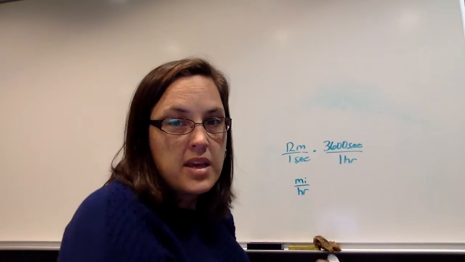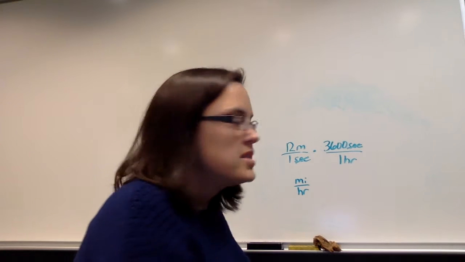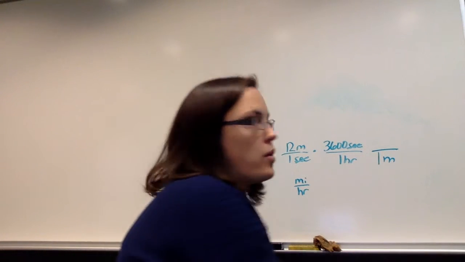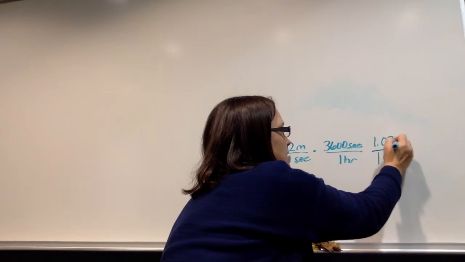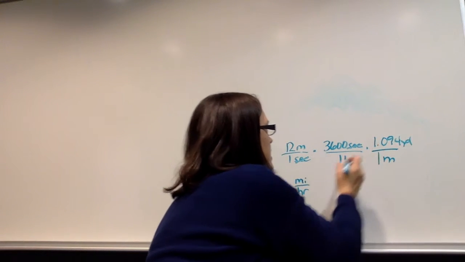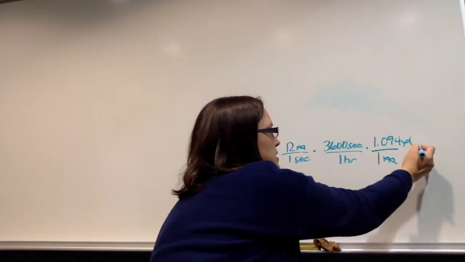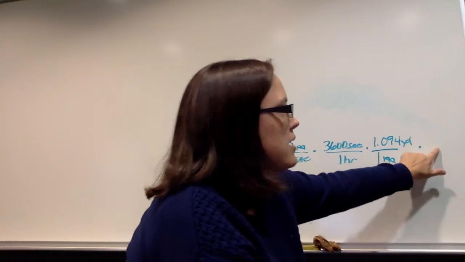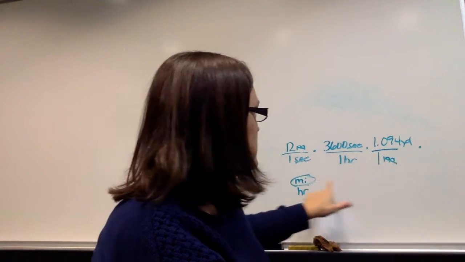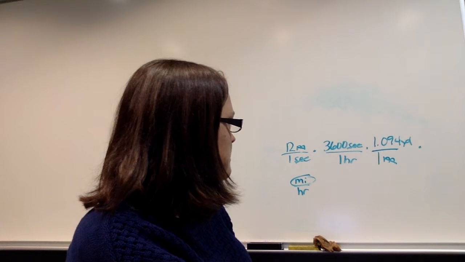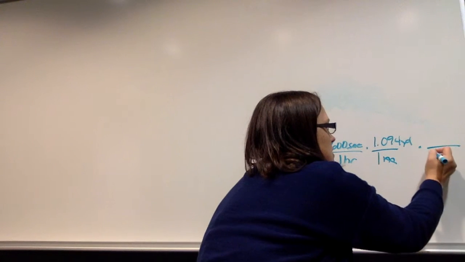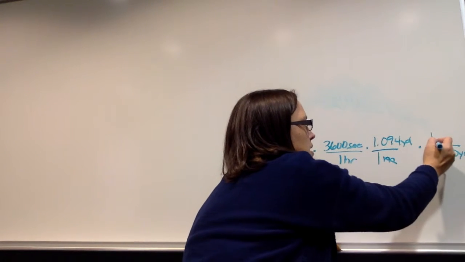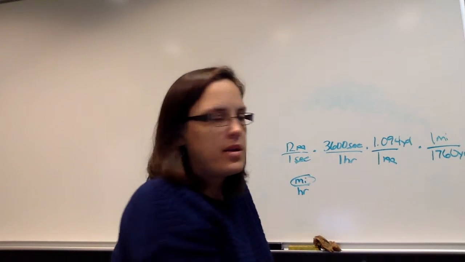So I'm going to start with what I'm given on page 201, which is that 1 meter equals 1.094 yards, okay? And the meters can cancel out. But I'm trying to get to miles, and so I've got to go one more conversion here to get yards to miles, and that is 1,760 yards in 1 mile.